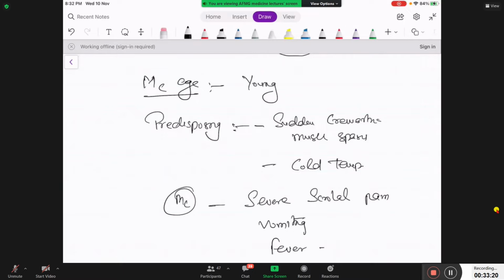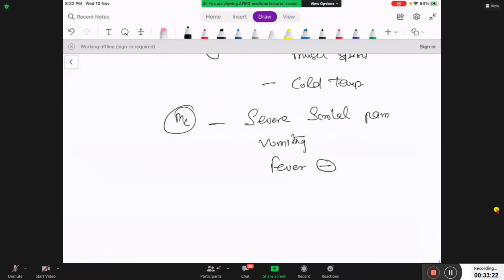Fever is usually absent, but in a later stage, fever can come. In initial stages, fever will not be there. On examination of these patients, you will find there is a severe tenderness. This pain is sudden severe scrotal pain.